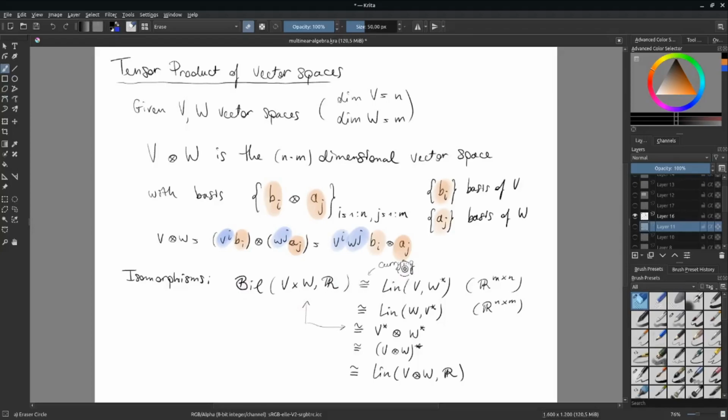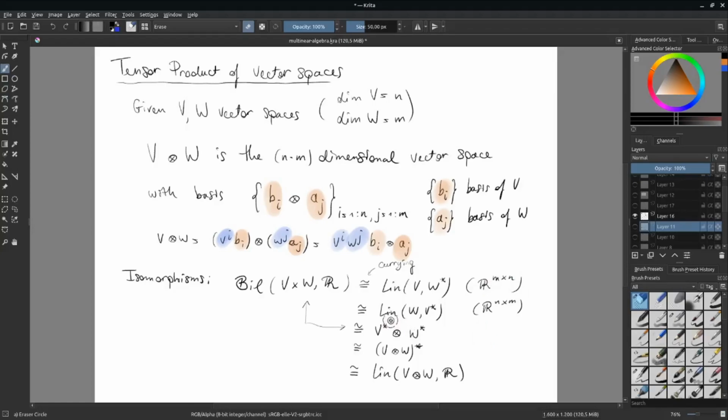I can curry it, give it just one argument, and that becomes a linear map from V to the dual of W. This whole part might not be super clear, but it's explained at much greater length in the text. But bear with me when I say that this space of bilinear forms is isomorphic, by currying, to the space of linear maps between V and the dual of W. And if this were R, you could say it's R^(m×n), so m by n matrices.